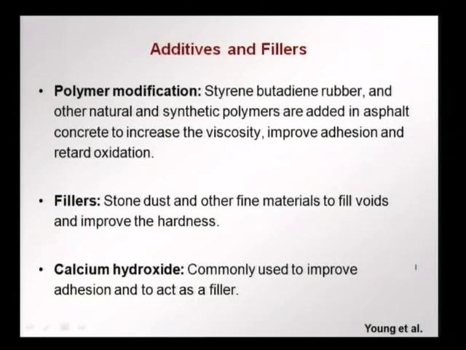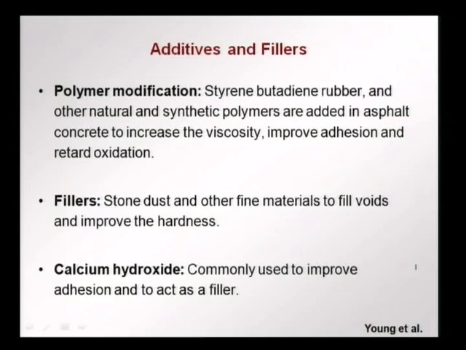This improves the bonding between the bitumen and the aggregates and between layers of the asphalt concrete pavement, and also retards oxidation like an antioxidant. It increases the life before aging occurs significantly. So, this is called polymer modification and we will certainly hear about it more, and there will be more usage of polymer modified bitumen concretes in the future.